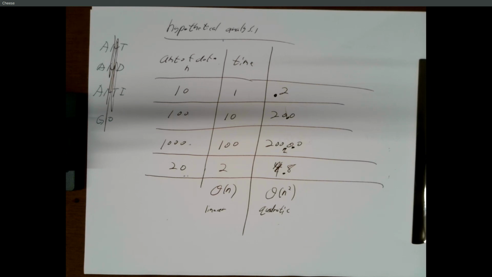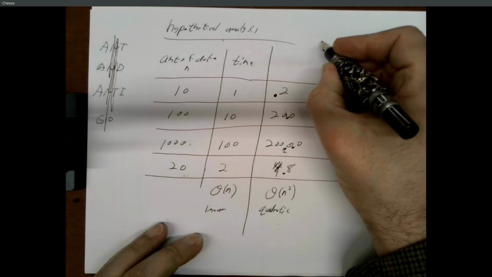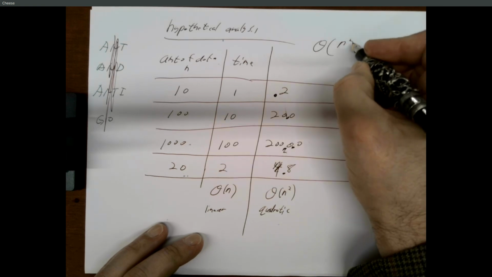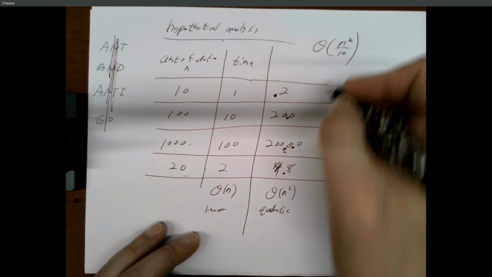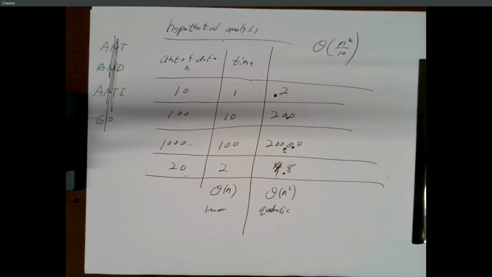So one thing we can do when we're calculating these orders of complexity is a lot of sloppy calculation, right? This is really showing that order n squared over 10 is really the same thing as order n squared, as n gets bigger and bigger.